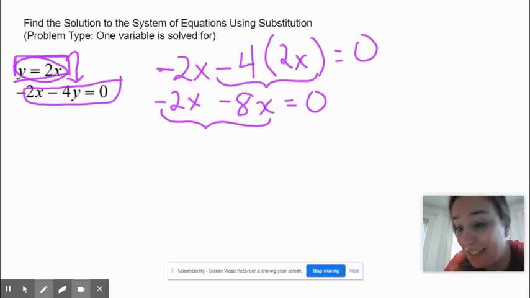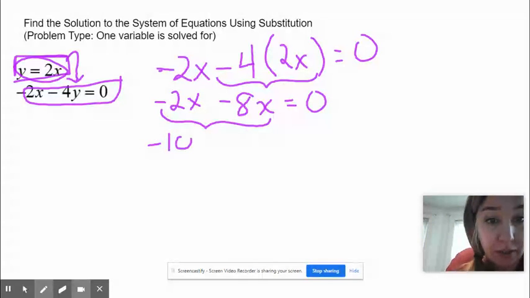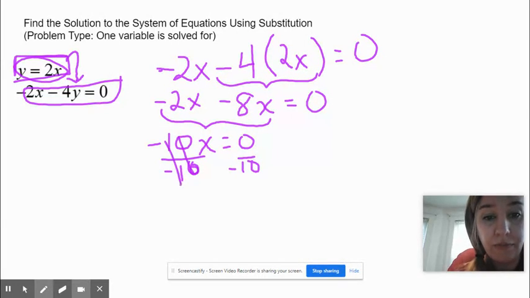Negative 2 minus 8 is negative 10, right? You owe me $2 and then you borrow 8 more. You're down $10. And that equals 0. Then we just divide both sides by negative 10. Cancel, cancel. Therefore, x equals 0.